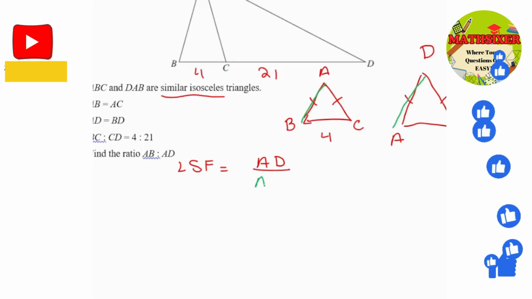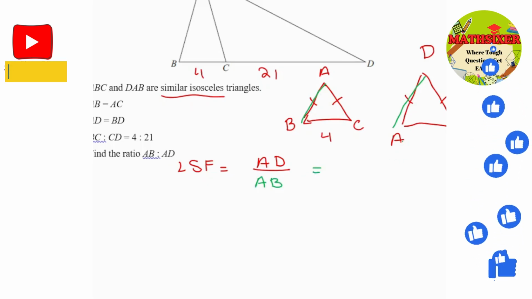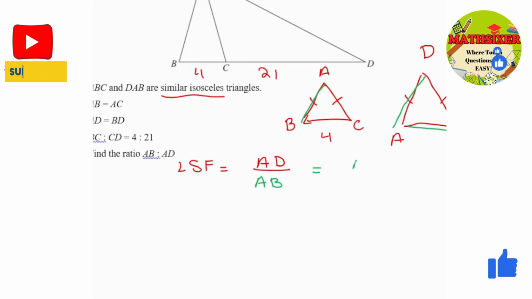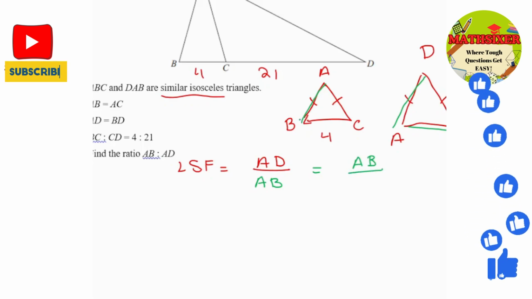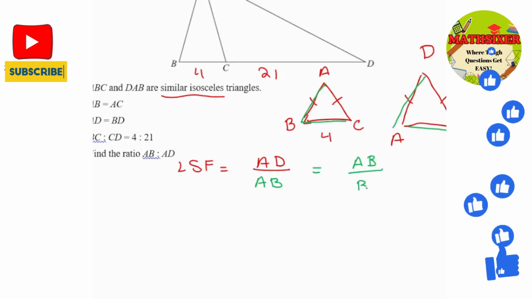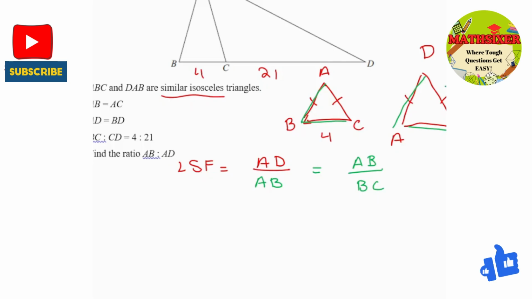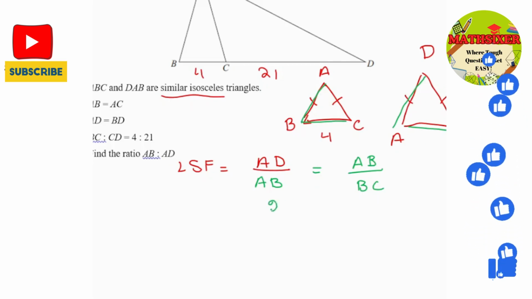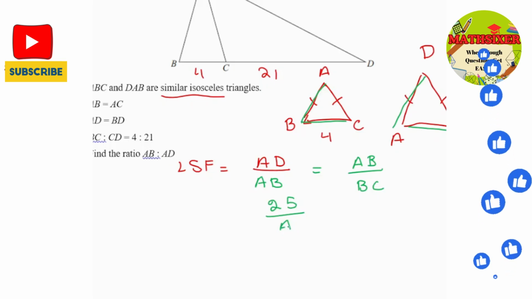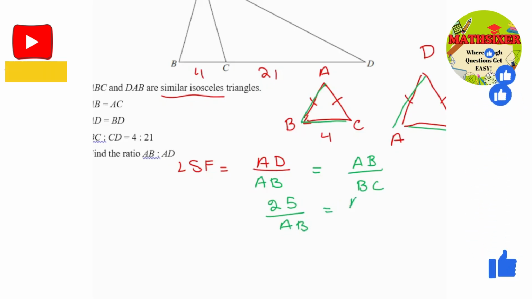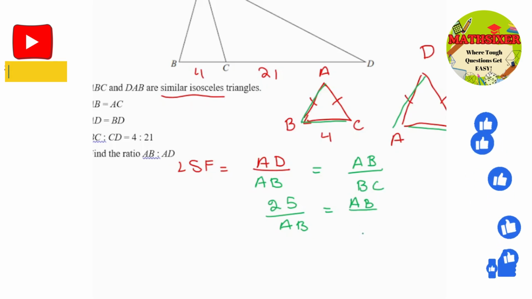Let's say AB is equal to this side AB, is equal to this side BC. And do we know any value of this AD? We know AD and BD are the same, so we can put over here 25 over AB, and AB we don't know, but we know BC is 4.